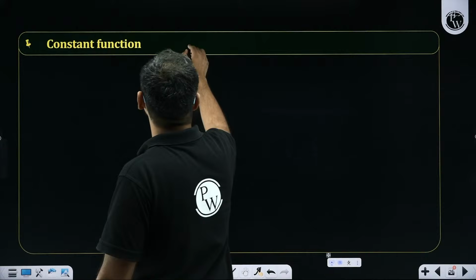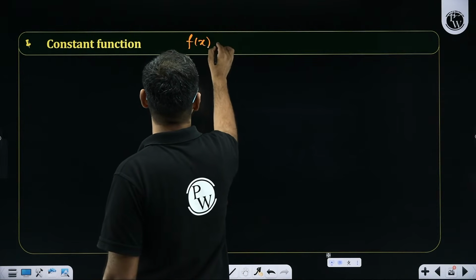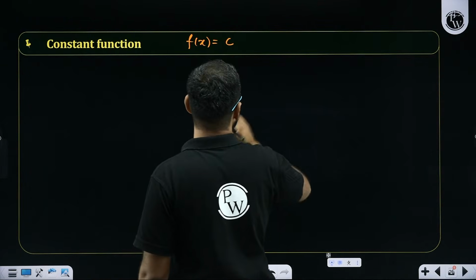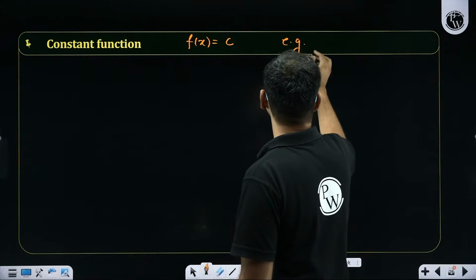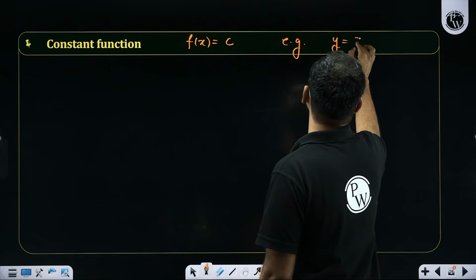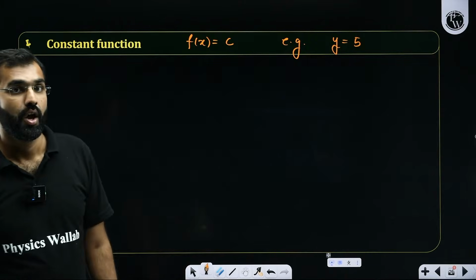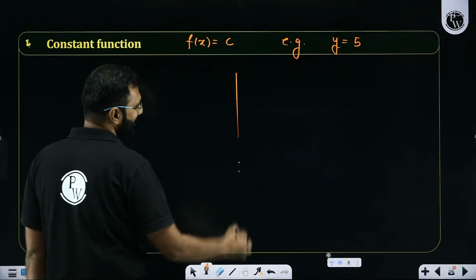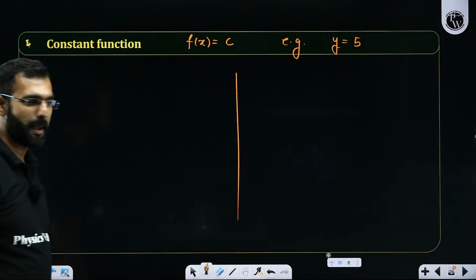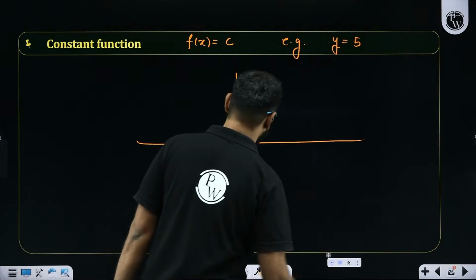So a constant function is denoted by f of x equals c, where c is a constant. For example, just to make you understand this, let's say I'm taking a function y equals 5. This is a constant function. What does it mean? Let's say this is the y-axis and this is the x-axis.